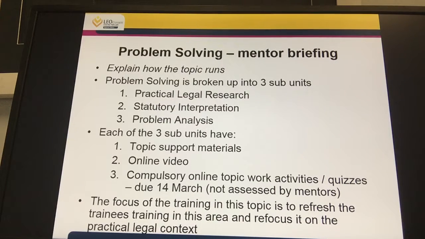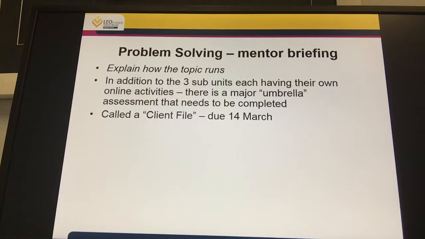The focus of the training that we do in those subunits is to refresh the trainees' training in this area and refocus at the practical legal context, because they've all had a bit of practice in this already. So we're just building on that experience. In addition to these 3 subunits, each having their own discrete activity, there is a major umbrella assessment that needs to be completed. It is called a client file, but it is the letter of advice that I flagged previously. That's due the 14th of March.